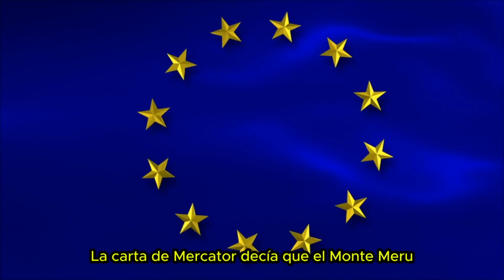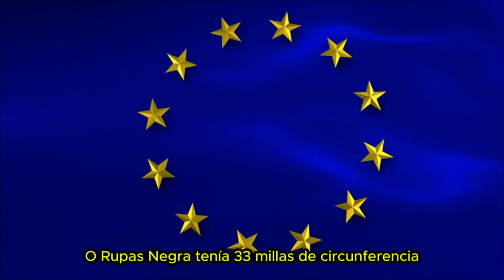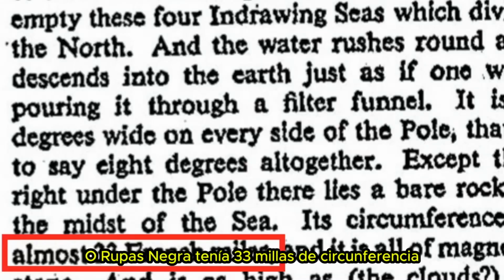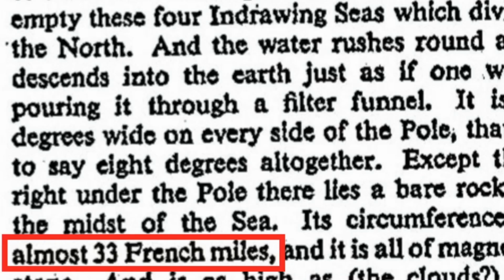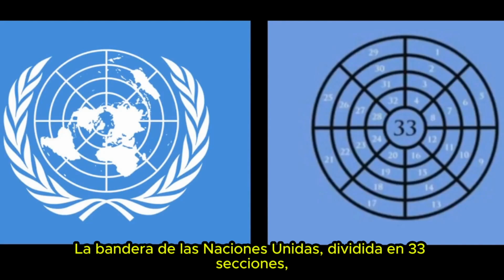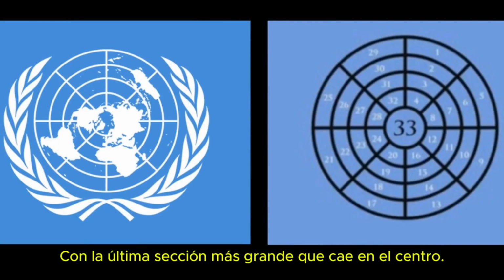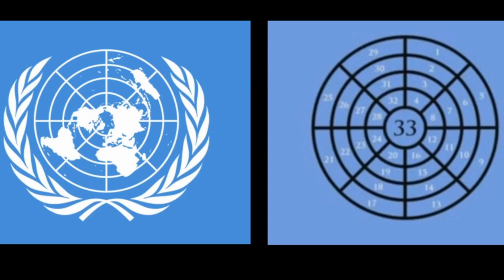Mercator's letter stated that Mount Meru or Rupes Nigra was 33 miles in circumference. 33 again. The United Nations flag, split into 33 sections, with the final, largest section falling in the center.